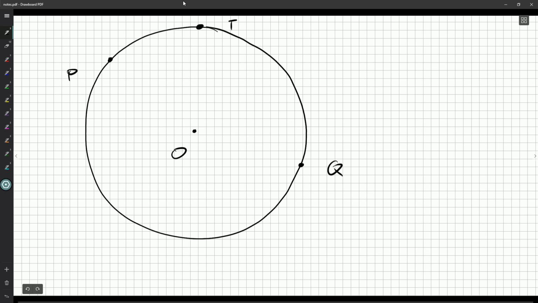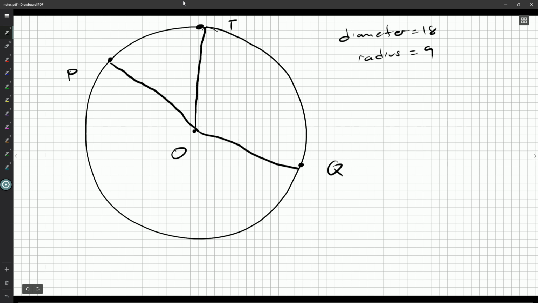Now we know the diameter is 18. I'm gonna say the radius is 9. Is really nice. Now we've got a bunch of points on this circle. It's a good idea to either connect them all up or at least connect them to the center. So we get some 9s here. Is Q going to be opposite P?